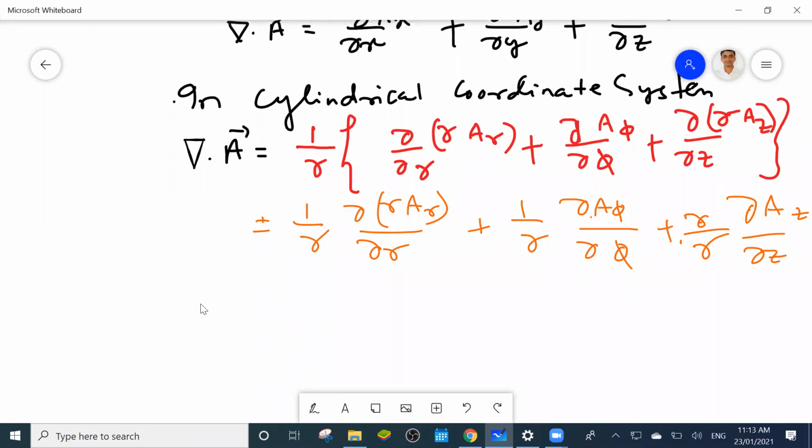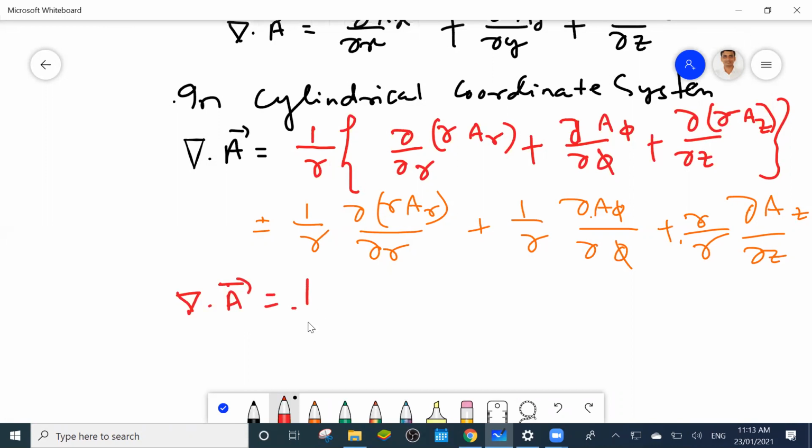So now you can write the final result: the divergence of A in the cylindrical coordinate system equals 1 by R del R AR. Why am I keeping R here? Because it is variation with respect to R, so I cannot bring this R out.